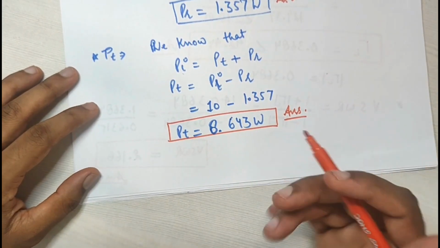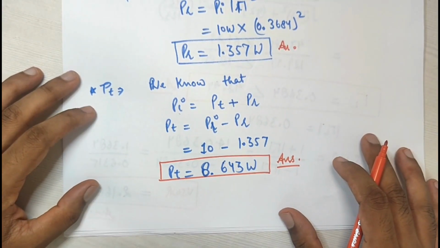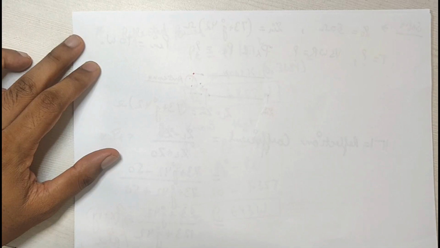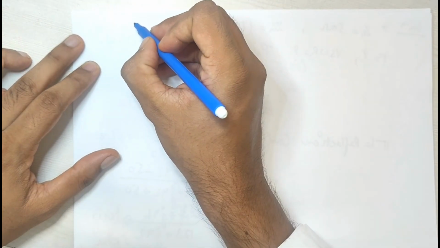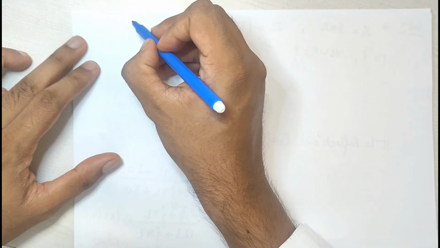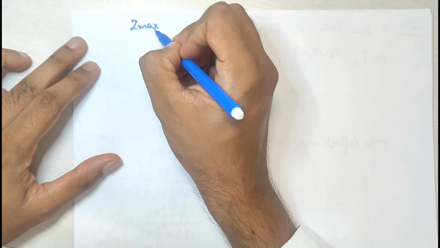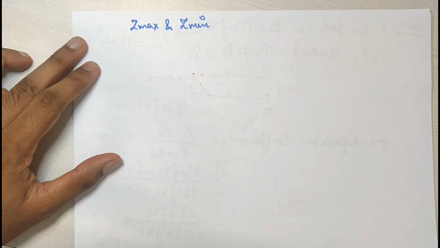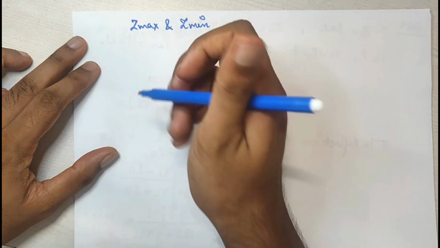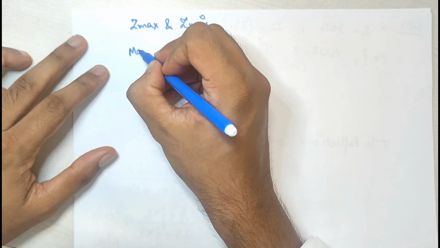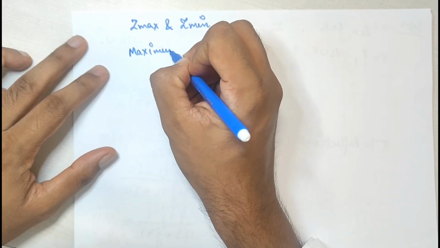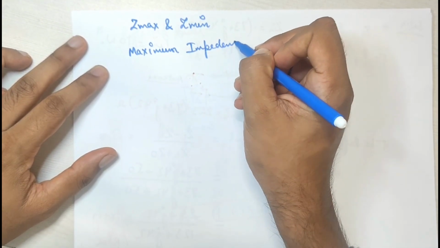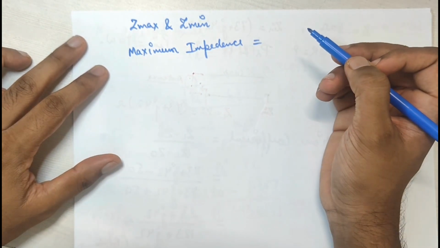Now there were two things we need to find. One was to calculate maximum and minimum impedance, Zmax and Zmin. See, the maximum impedance, what is the formula?